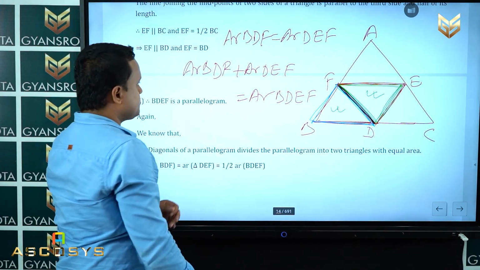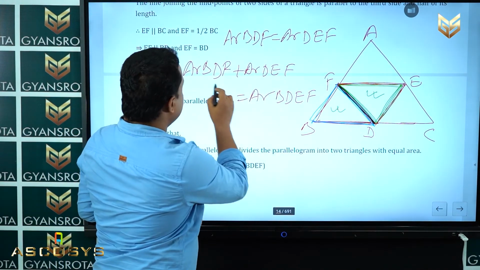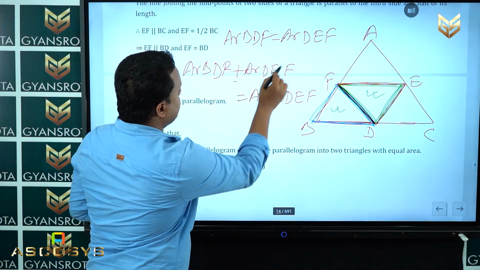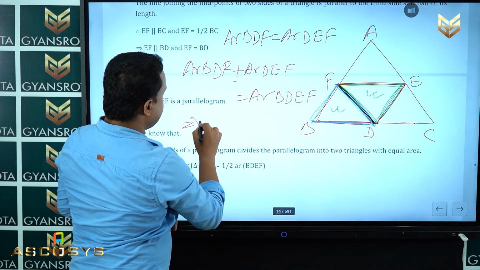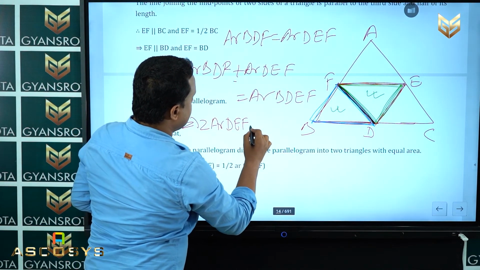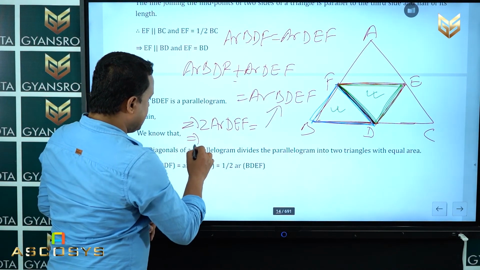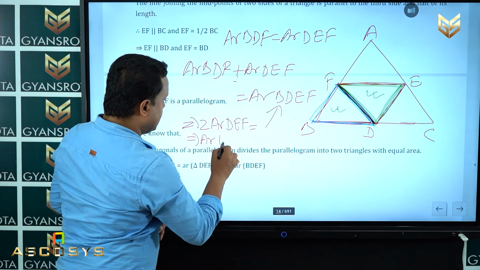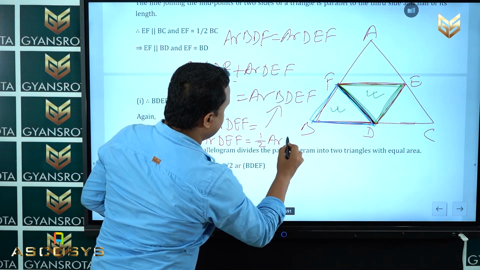In place of BDF, we can write DEF only. So, 2 times area DEF equals area of BDEF. That means area of DEF equals half of area of BDEF.